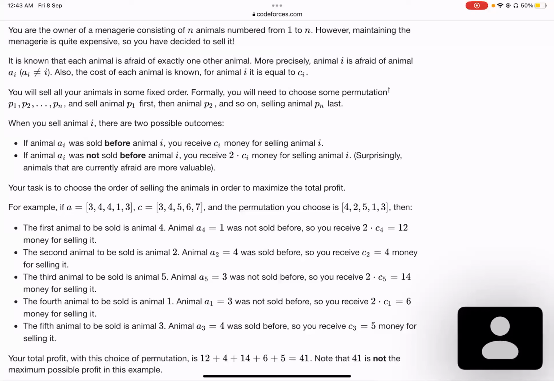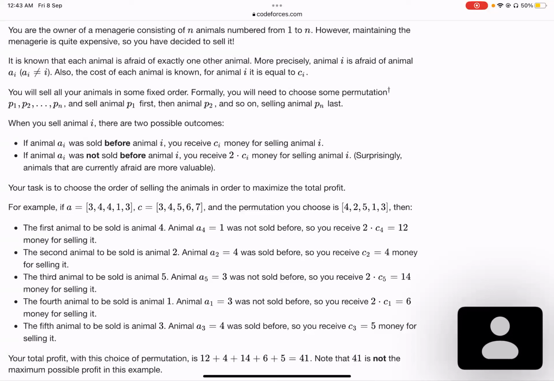Now the question is saying, since the ith element is afraid of A_i, if you sell A_i before i, you will get C_i coins.